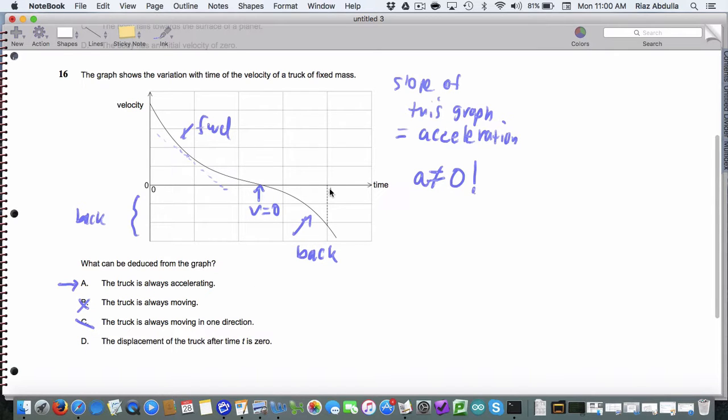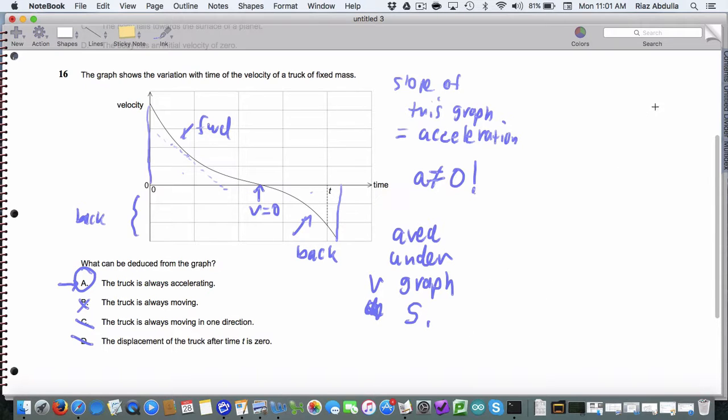Remember, the area under the v graph gives us the displacement. When I look at this graph from 0 to the end, this area is clearly bigger than that area, so we don't have 0 displacement. So choice A is the right choice.